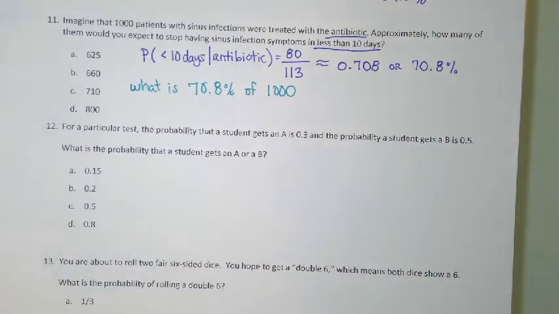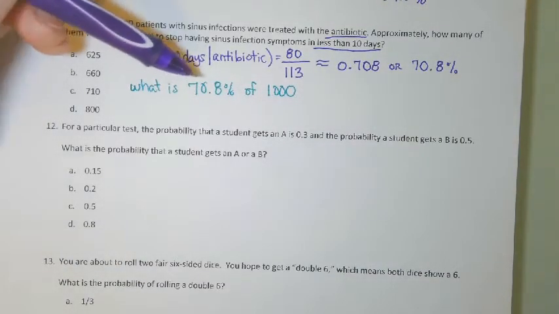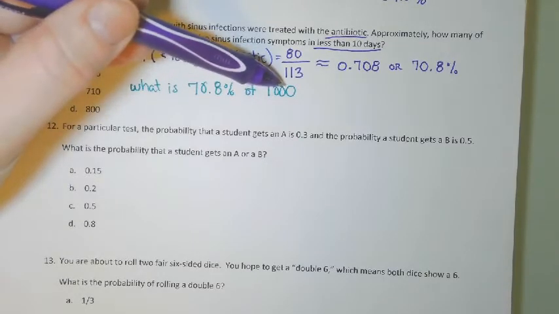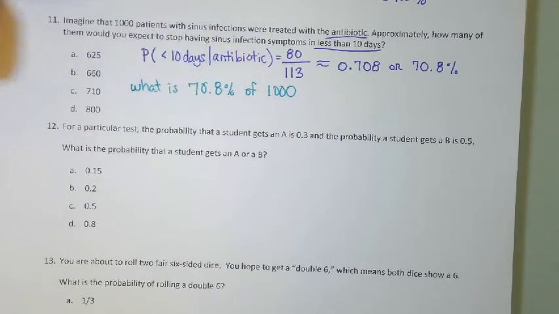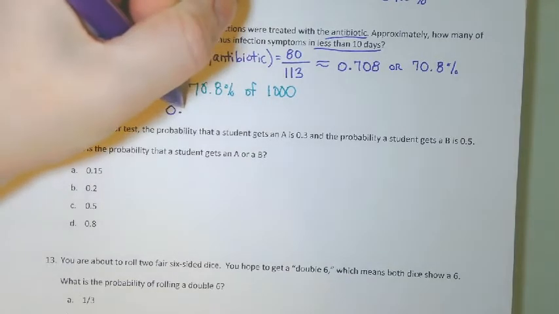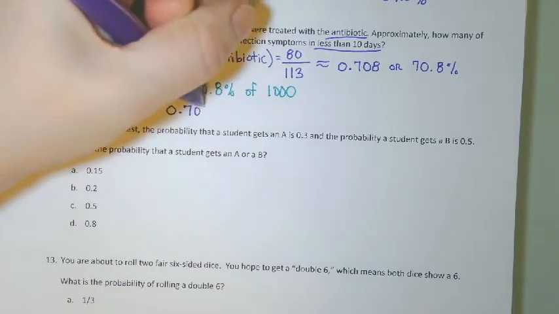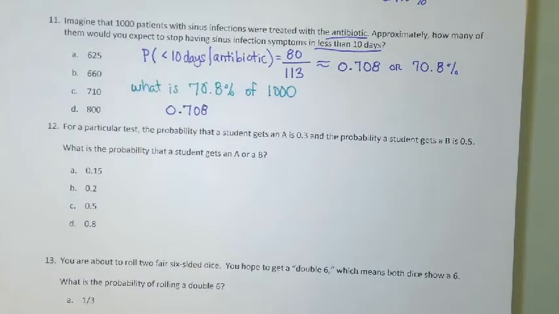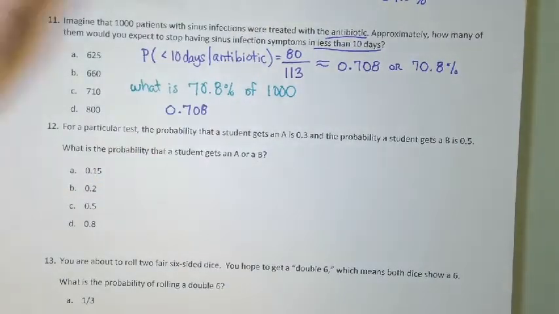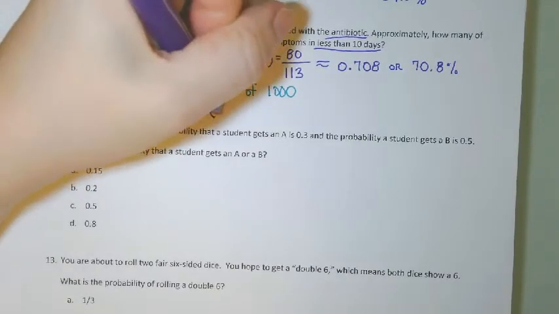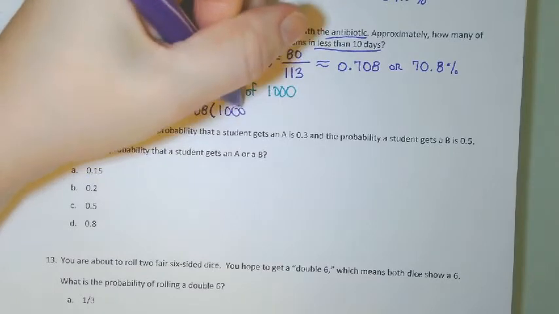And so, again, if we're asked to find a percent of a value, we want to write the percent in decimal form. So again, 70.8% is equivalent to 0.708. And now we just need to multiply that by the total amount. In this case, they said, imagine there was 1,000 patients total.